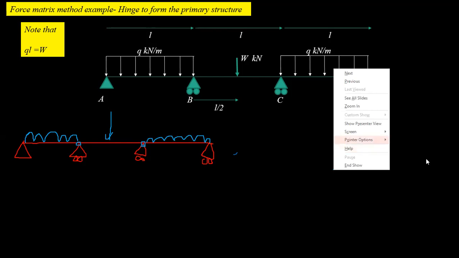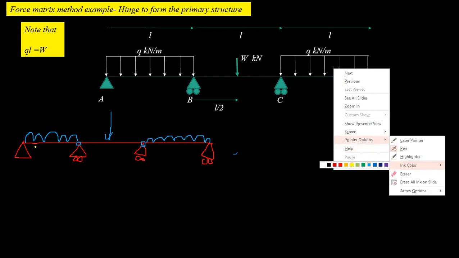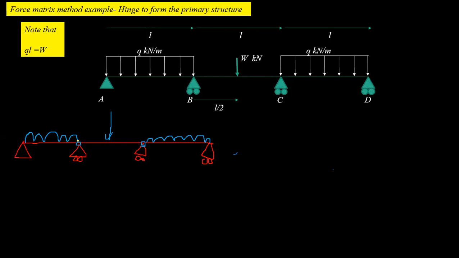If you provide a hinge, just like we did in the last example, this part can move and rotate separately. We don't know whether it will be larger or smaller than this deflection, but we know this is exactly equal to the first span.